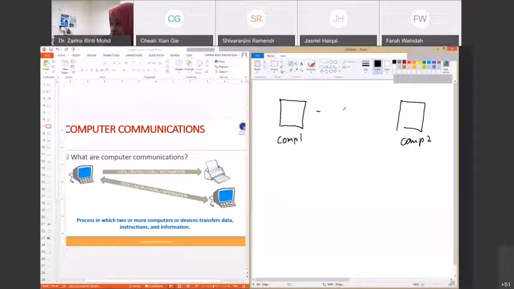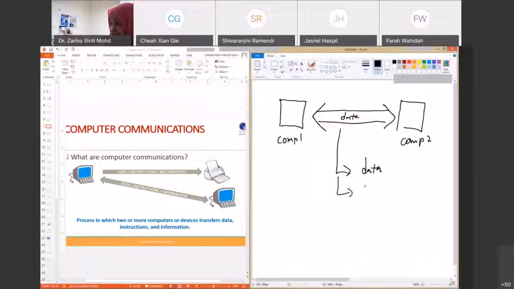So computer communications means it's a process in which the computers or devices transfers data, instructions, or information. So you can see the transferred data over here can be divided into either data, instruction, or information.